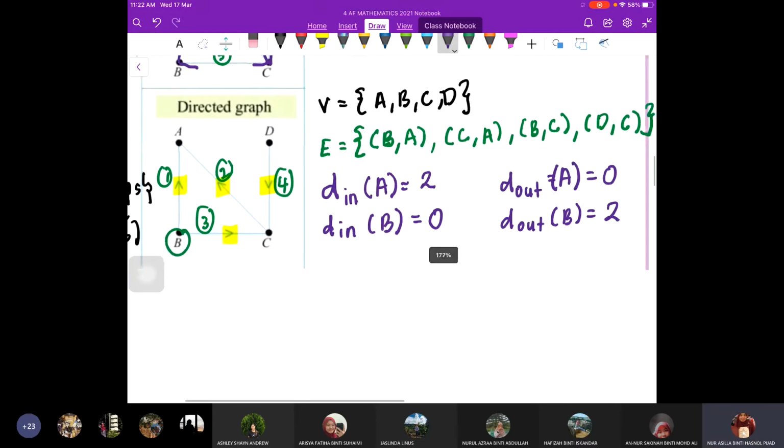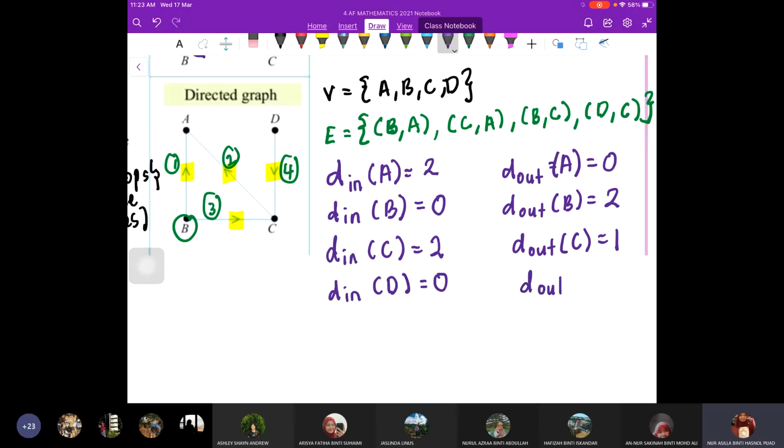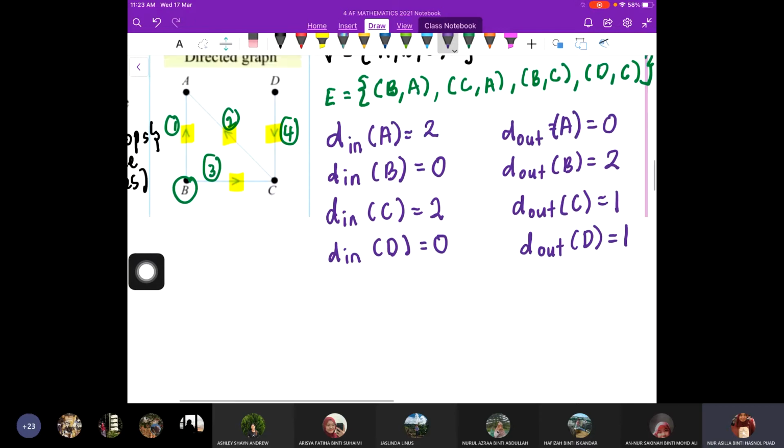Okay, and then kita pergi tengok sekali lagi. C pula. D in for C. Masuk C. Ada 1, 2. So in 2, out 1. Okay. D in D. Ada 0. D out D is 1. Okay, nampak D kat situ. Dia keluar. Jadi, kamu akan tambahkan semua.